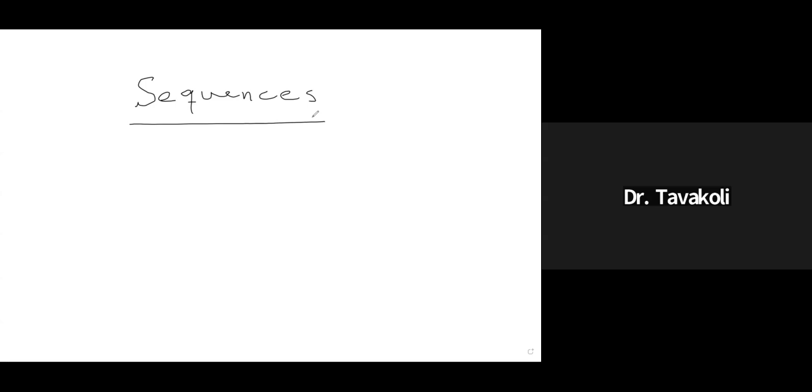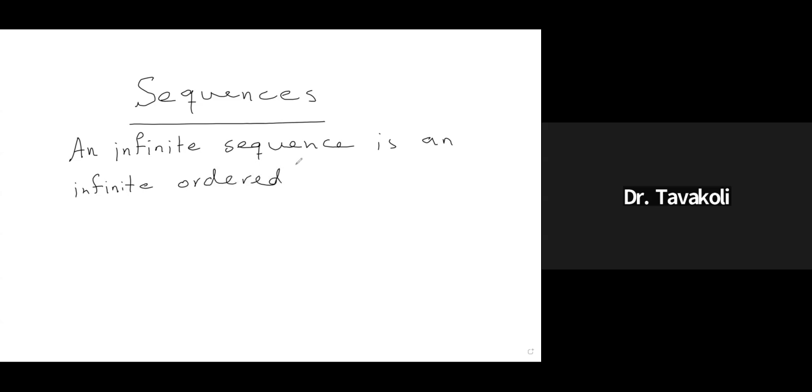As you know from more elementary courses, a sequence is an ordered list of numbers. As an informal definition that you might have seen, an infinite sequence is an infinite ordered list of numbers.